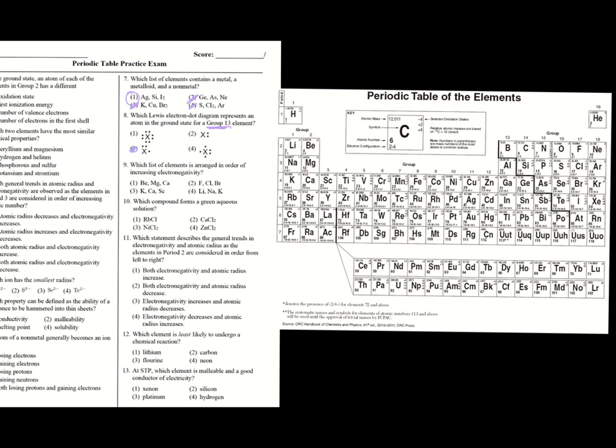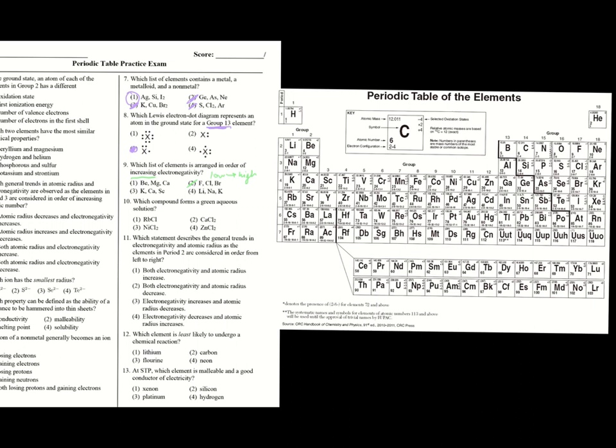Okay. Number 9, which list of elements is arranged in order of increasing electronegativity? That means we go from low to high. As the list proceeds, we get bigger in electronegativity. Right off the bat, I could cross off choice 2 because I know fluorine is the highest. You can't start with the highest if you're going to go higher.